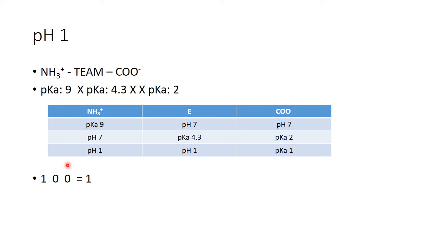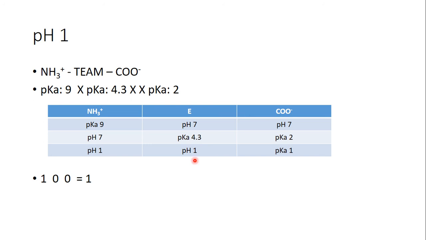Since my pKa is not between 7 and 1, the charge of NH3 does not change, so it remains a positive 1. Now for glutamic acid, when I write them in order, I see 7, pKa, and 1. So between 7 and 1, the pKa is in the middle. When you are going below the pKa from 7 like this, you become neutral. You gain a proton.